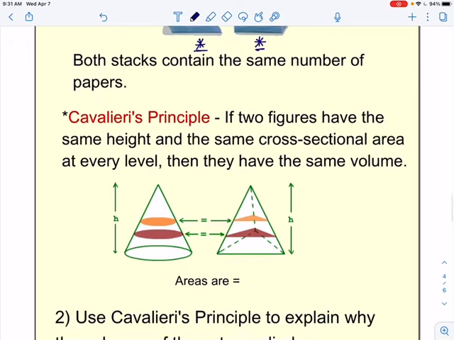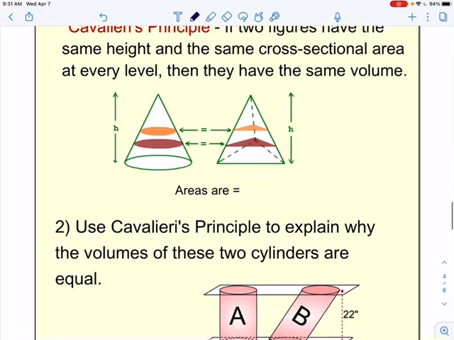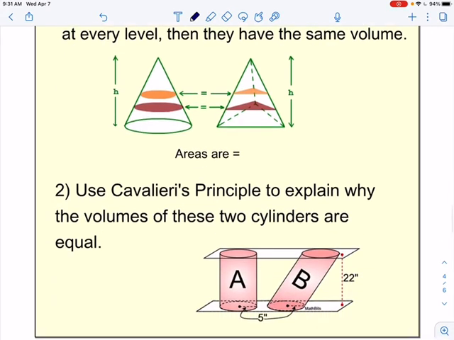So again, the one down here, we have 2 figures with the same cross-sectional area. If you have a cone and a pyramid, it's possible that they have the same areas as well. We're going to use Cavalieri's principle to explain why the volume of those 2 cylinders are always equal.